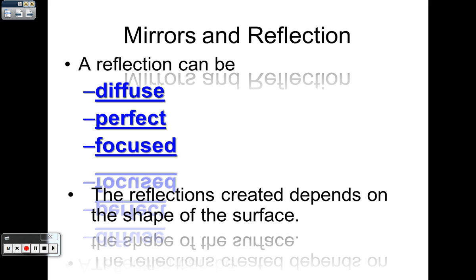So if you want an object to be really shiny, for example, a car, you want to make sure that paint is really, really smooth, so it will reflect that light in a more perfect fashion.